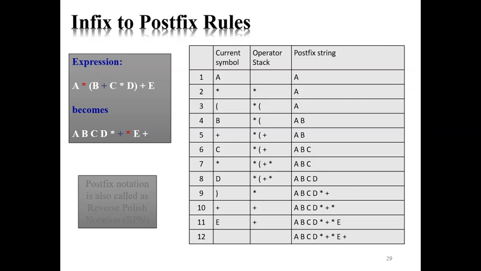The seventh, times, and the operator on the stack, which is times, the left parenthesis plus times gives us abc. D, times left parenthesis plus times gives us abcd. Now with the right parenthesis and the operator stack, which is times, gives us abcd times plus.